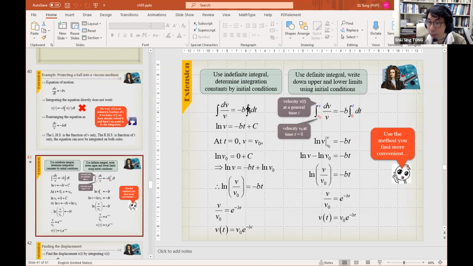We just integrate both sides, and you can do it either by indefinite integral or by a definite integral. In both cases, you arrive at the solution that we have found previously in our first encounter of this differential equation.